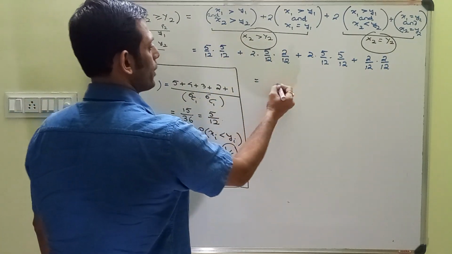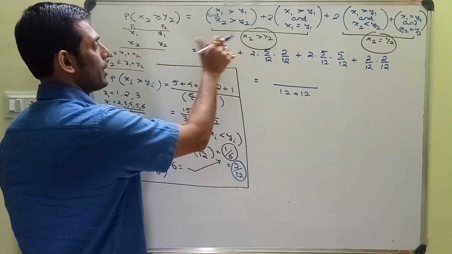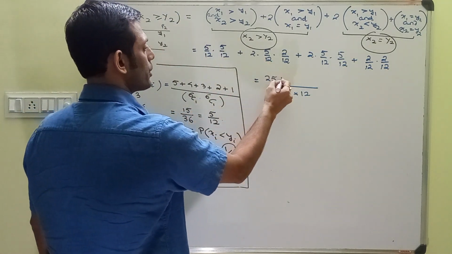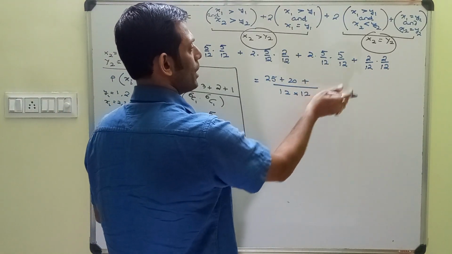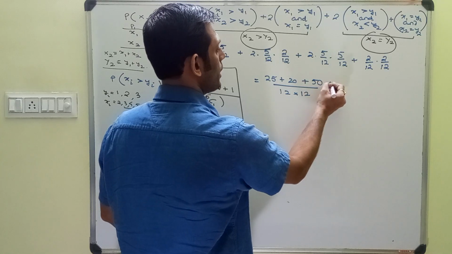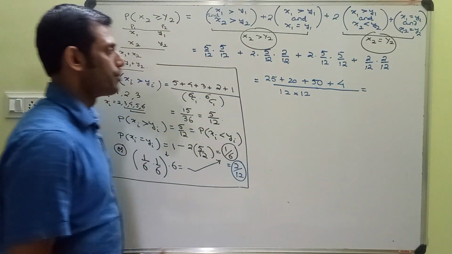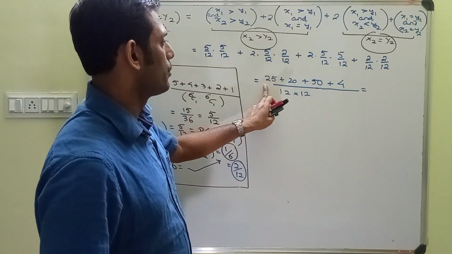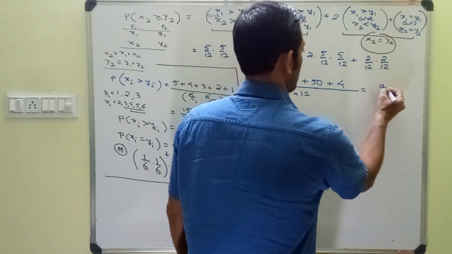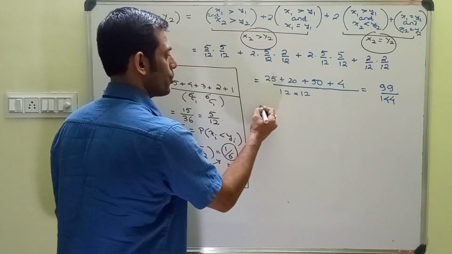So let us do one thing. Let's take 12 cross 12 in the denominator and now begin counting with the numerator, that is 25 plus 4. 5 5s are 25, plus 2 2s are 50, plus 4, and how much does it bring? 70, 95, 99. 99/144 if we do not reduce.